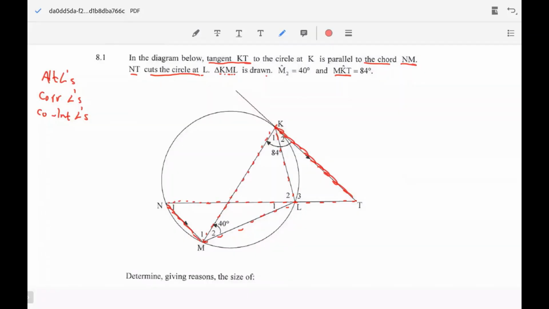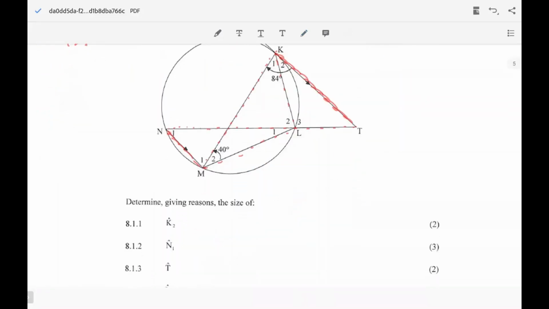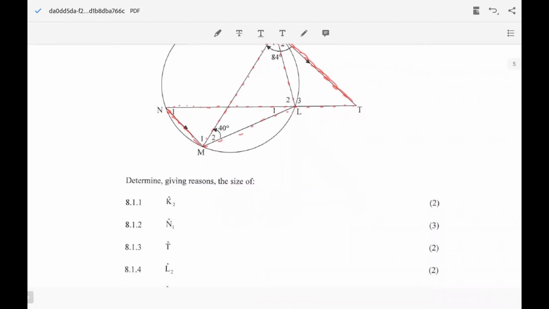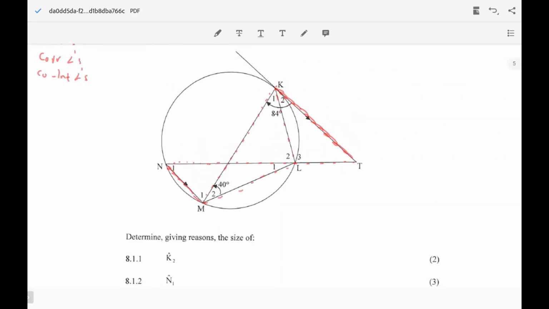So what does the question want us to do? Determine, giving reasons, the size of K2. Where is K2? K2 is the angle between our tangent KT and the chord KL. According to the tan chord theorem, that K2 should equal the angle subtended by KL on the circumference, and that is M2. So that means K2 equals M2, which is 40 degrees.